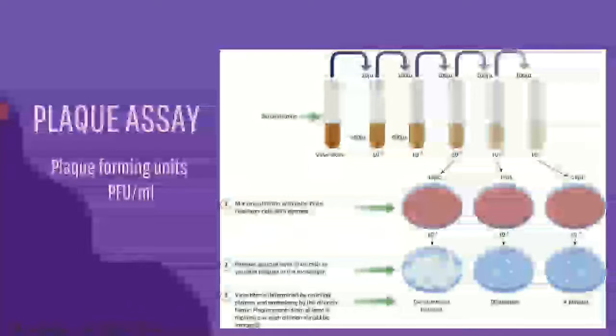Each plaque represents infection of a single host cell by a single virus, so the number of plaques ultimately gives us the total number of viruses in the sample. But because we don't directly count the viruses, instead of calling it 20 or 50 viruses per ml, we call it 20 or 50 plaque forming units per ml, assuming that every plaque comes from one virus.